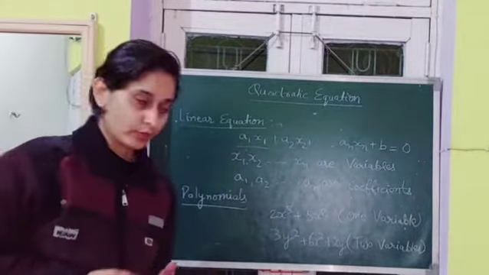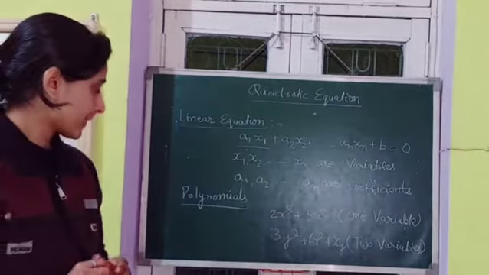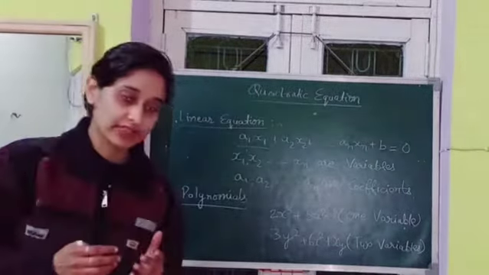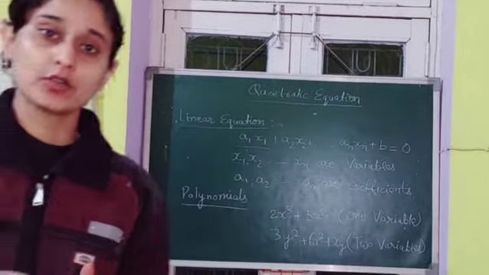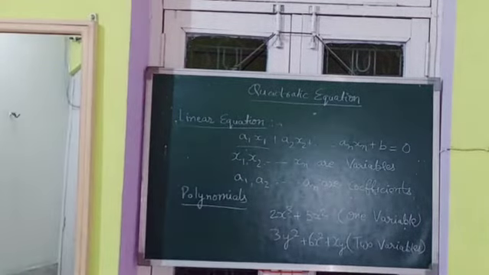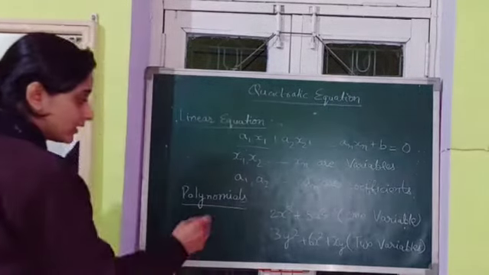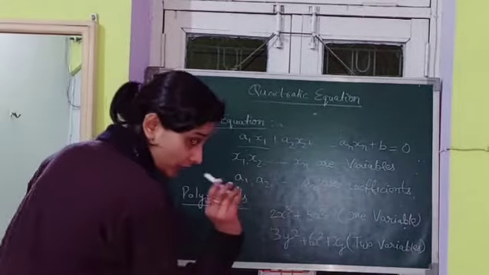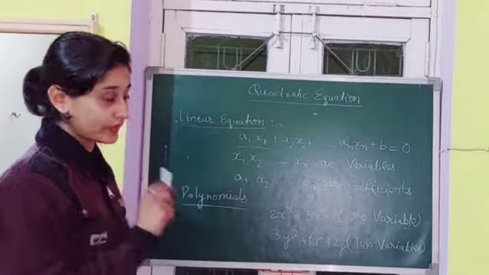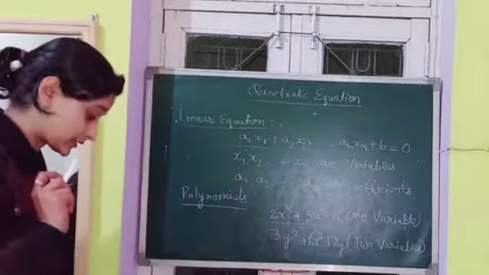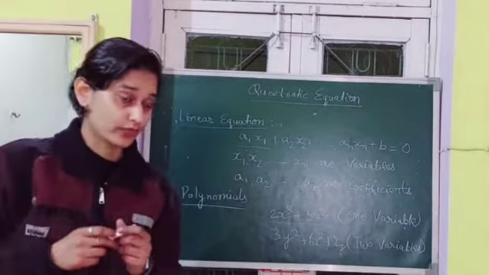So now we know what are polynomials. After this, I will explain to you what is the degree of a polynomial. In any polynomial, the highest exponent is called the degree of that polynomial. In this equation, the highest exponent, meaning the highest power, is 3.